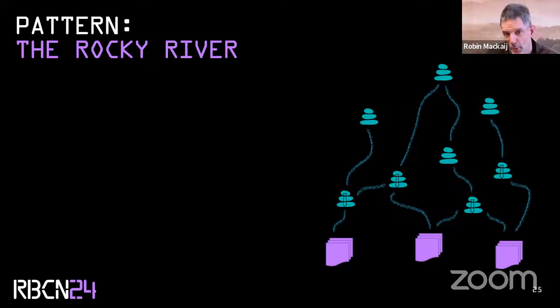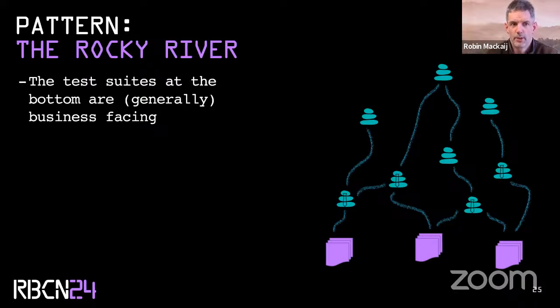So if I were to draw it for a Robot Framework project, it would be something like this. We have the test suite at the bottom. In many cases, they are business facing. They describe user interactions and things like that. Again, not for every project. We have a lot of people from a more technical automation space, embedded space, then it might be a bit different.